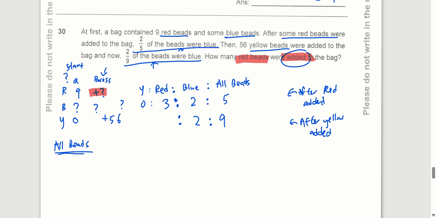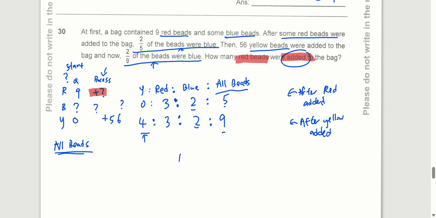So if you look at this ratio here, if yellow was added and red wasn't added, so reds stay the same after the first process. So in actual fact, you can see that blue didn't change, it's still 2 units. So red will probably be still 3 units here. And looking at that, all the bits is 5 units, and now all the bits become 9 units. So what has changed is the yellow units here, which is 4.